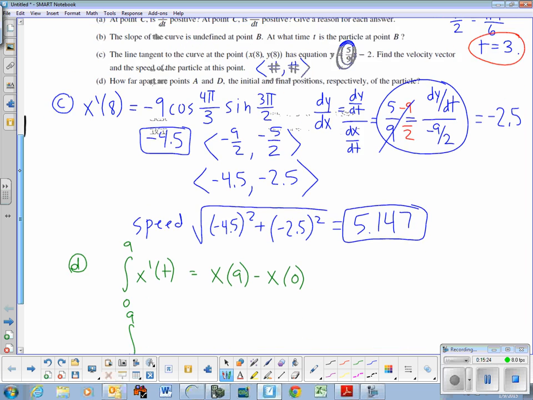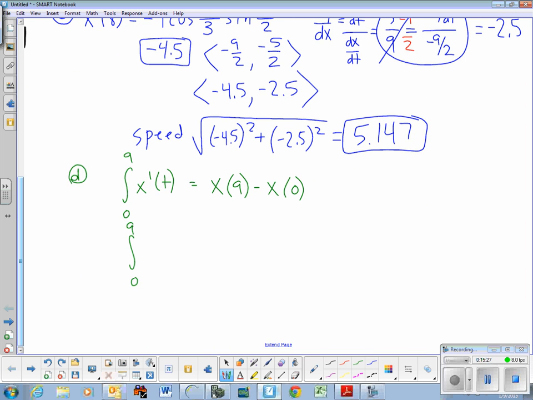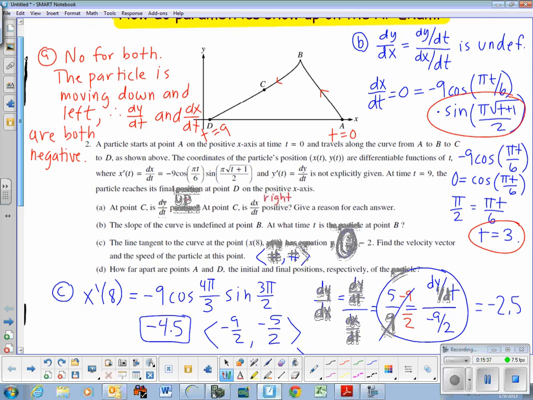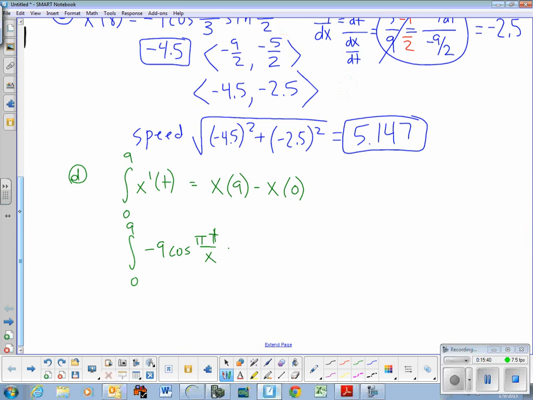So I'm going to integrate that -9 cosine pi t times sine of pi square root, integrate that from 0 to 9, and I'm going to get my change from 0 to 9.